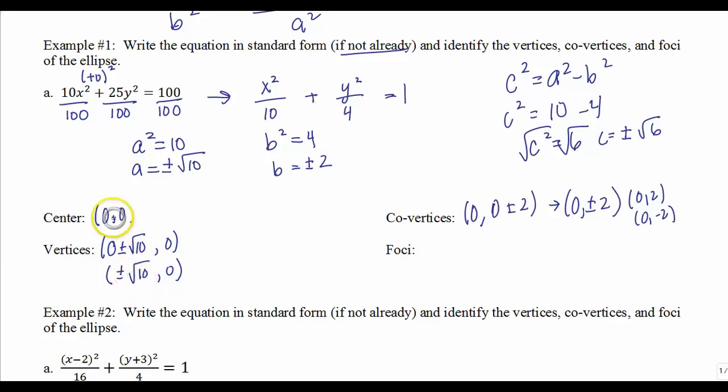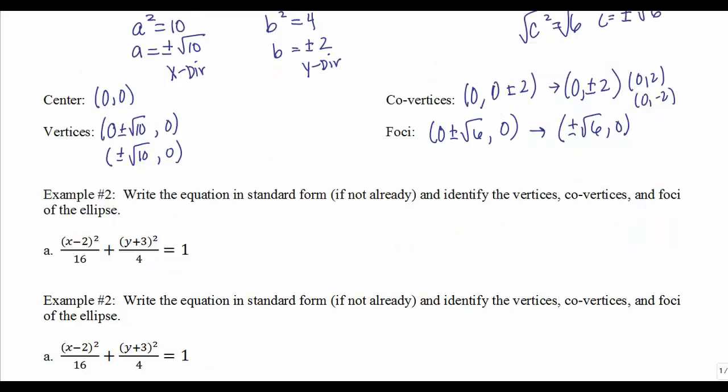They're on the same axis, so in the x direction. So here we've got x direction and y direction, and my foci are going in the x direction. So (0 plus or minus square root 6, 0), which is just (plus or minus square root 6, 0). I don't need that 0 plus. So that's all the information, and then maybe you would be asked to graph this, but you already know how to do that. So today we're just identifying information.